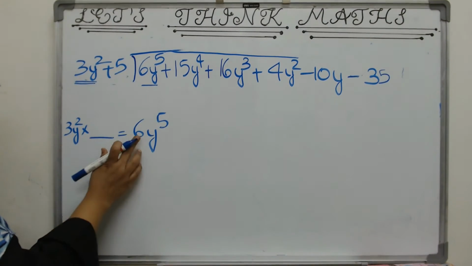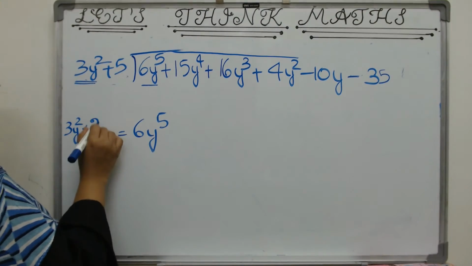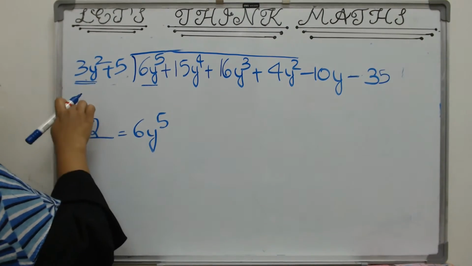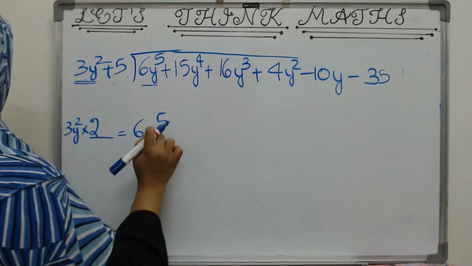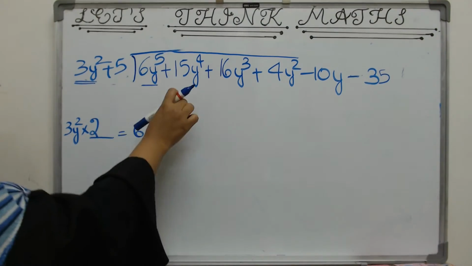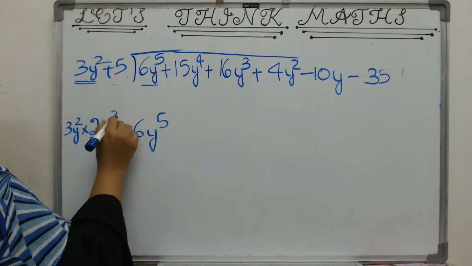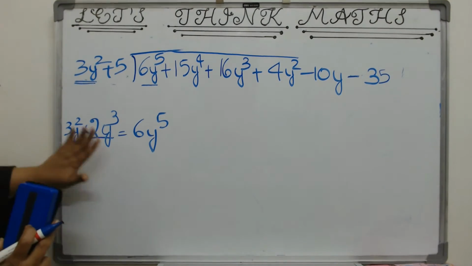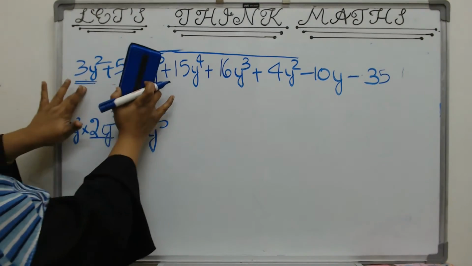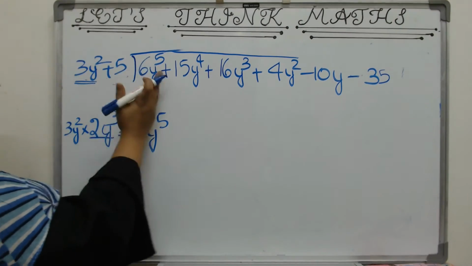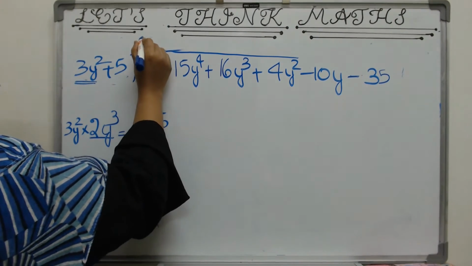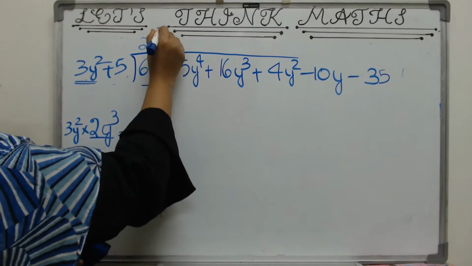Now 3 into what will give you 6? 2. And y raised to 2 into what will give you y raised to 5? 2 plus what gives you 5? Y cube, right? So this is all you have to worry about: the first term of the divisor and the first term of the dividend. So the answer is 2y cube.